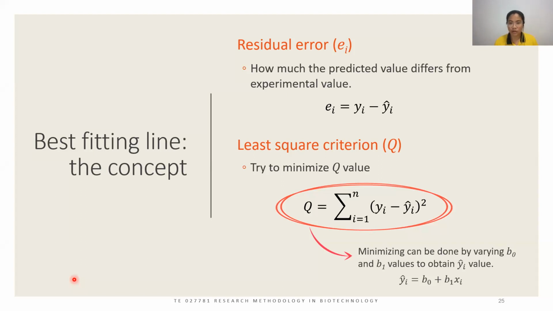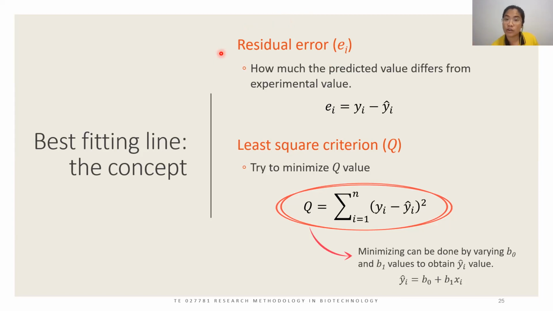Before we go to that, you need to understand the term residual errors. I haven't actually talked about R-square or anything yet, because you might have thought the best fitting line is the one that gives you the best R-square. I'll come to that, to your idea of what is a good R-square, a little bit later. The concept of finding the best equation to fit your experimental data starts with understanding residual errors.